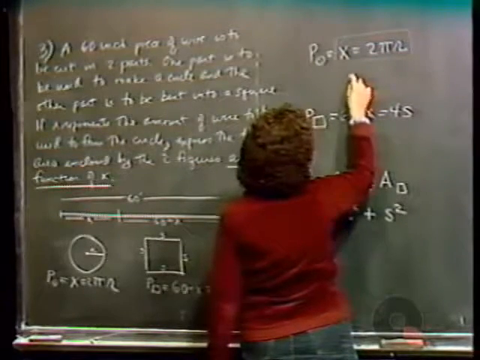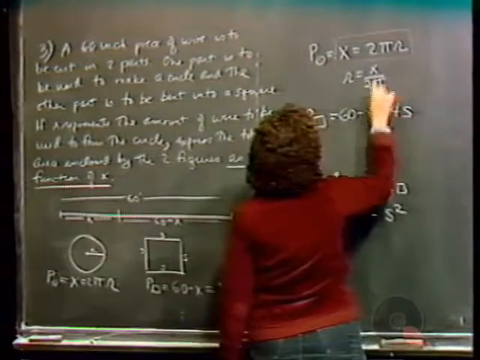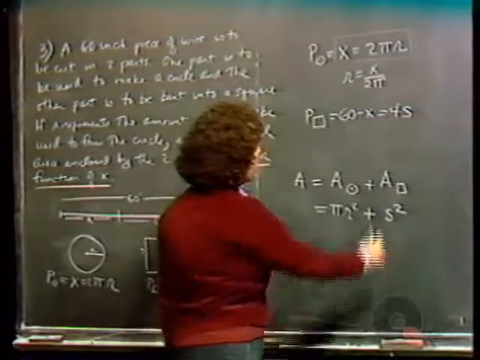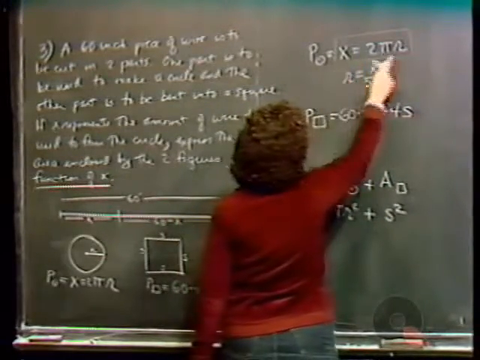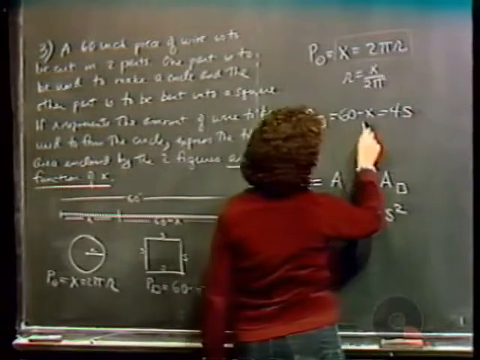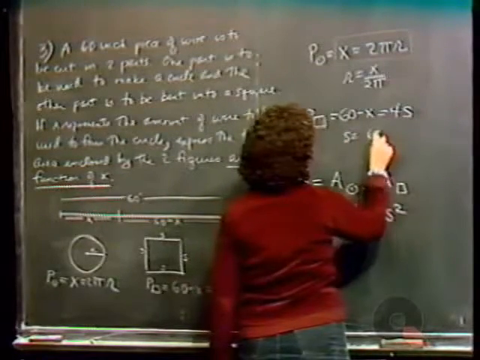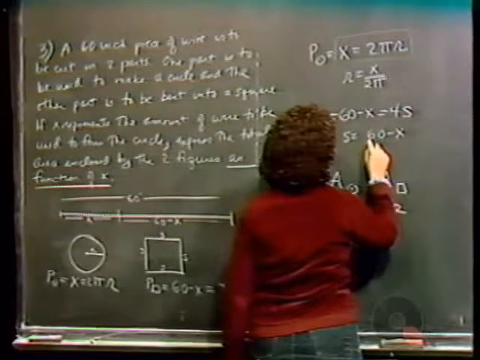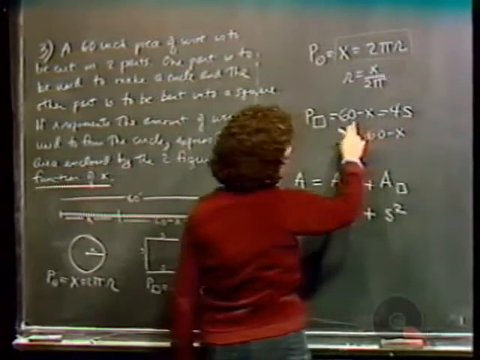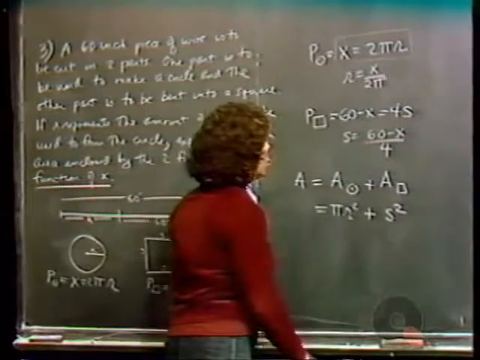Dividing both sides by 2 pi, r must be x over 2 pi. Similarly over here, dividing both sides by 4, s is equal to (60 minus x) over 4.